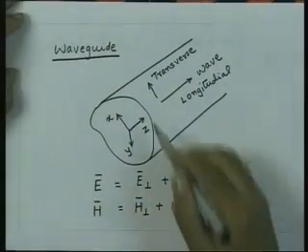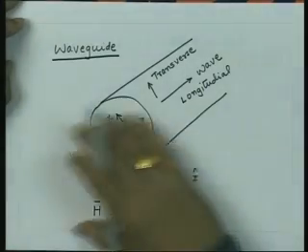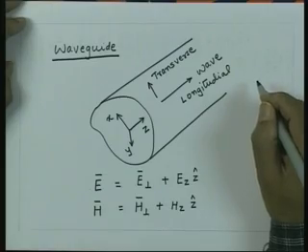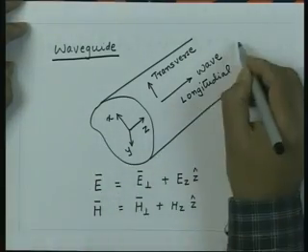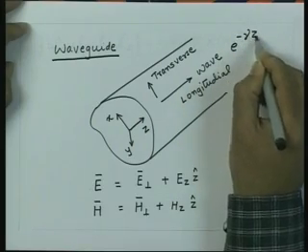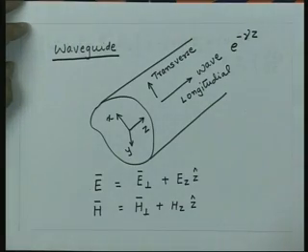Now, since our problem again is the wave propagation in the z direction, we are assuming essentially the wave is travelling in the z direction. That means the travelling wave behavior, as we have seen earlier, can be given as e to the power minus gamma z, where gamma is the propagation constant in the z direction.